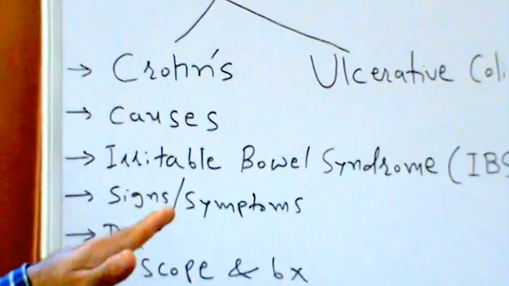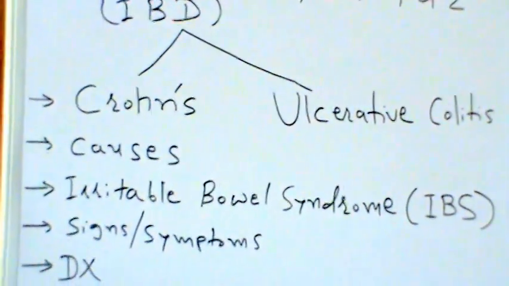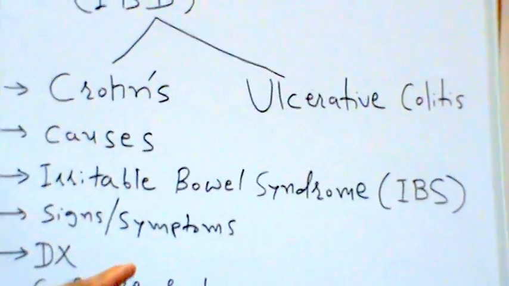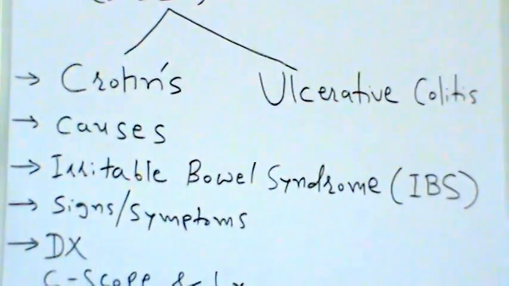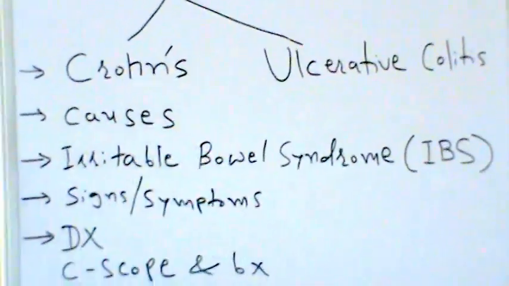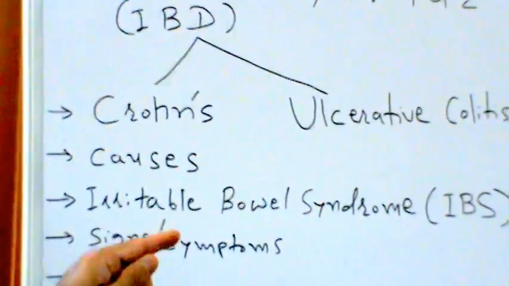In Crohn's disease, it commonly affects the end of the small bowel, or the ileum, and the beginning of the colon. But it may also affect any part of the GI tract from the mouth to the anus.